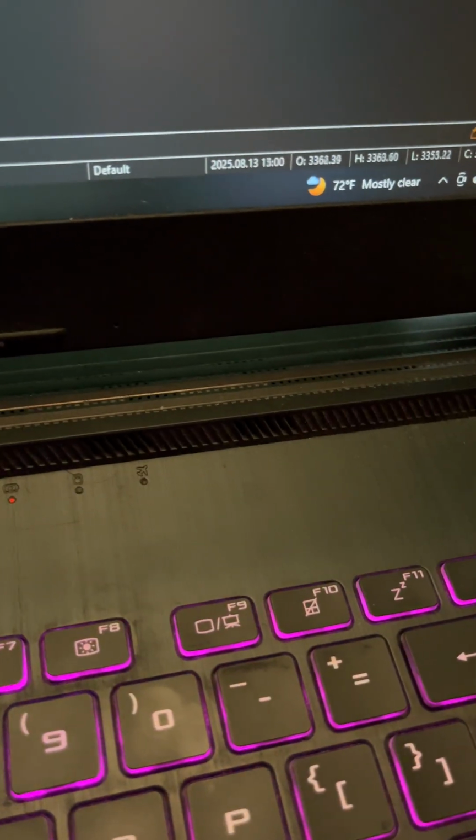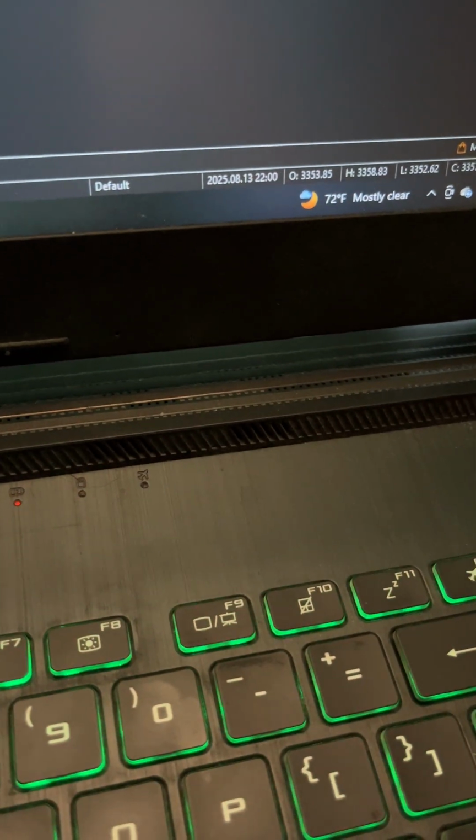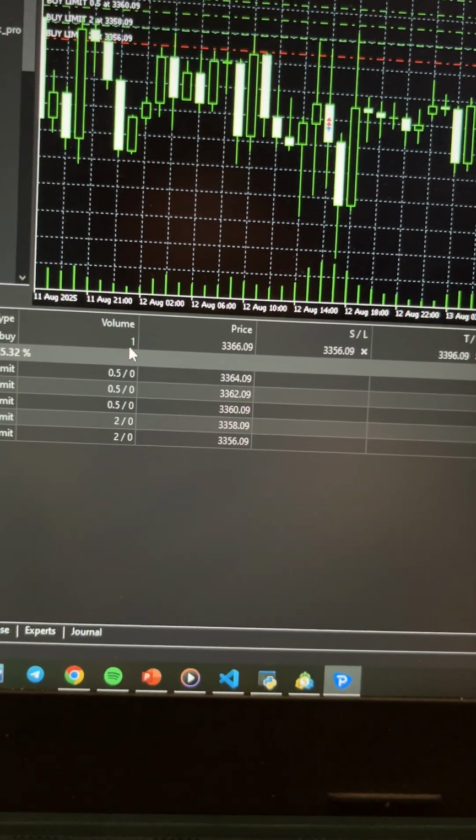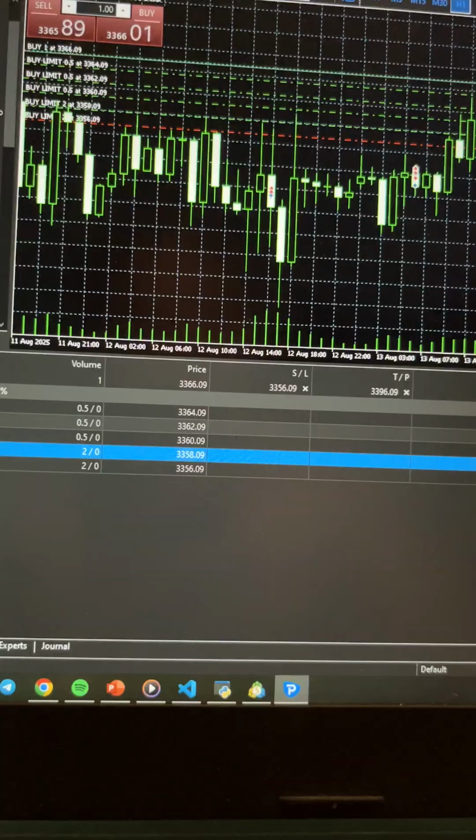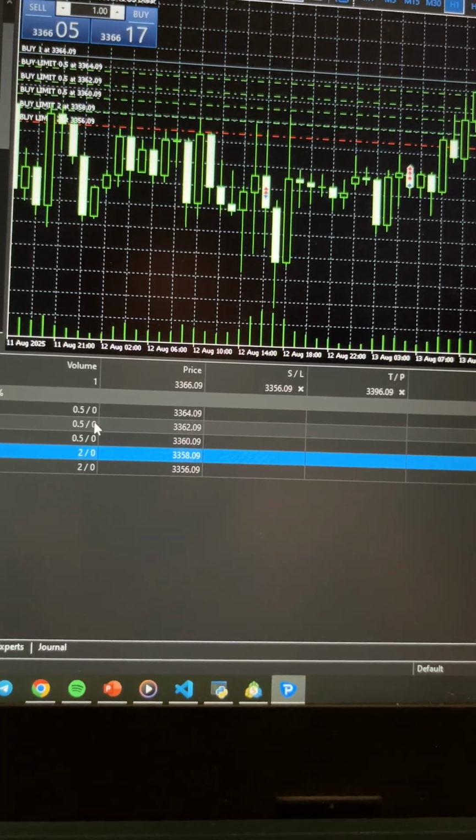Yeah, just like that. As you can see here, I am using level 4 and 5 settings, 1 2 3 4 5.